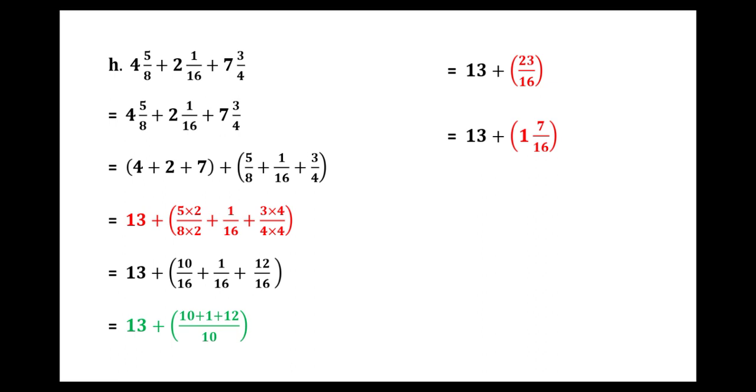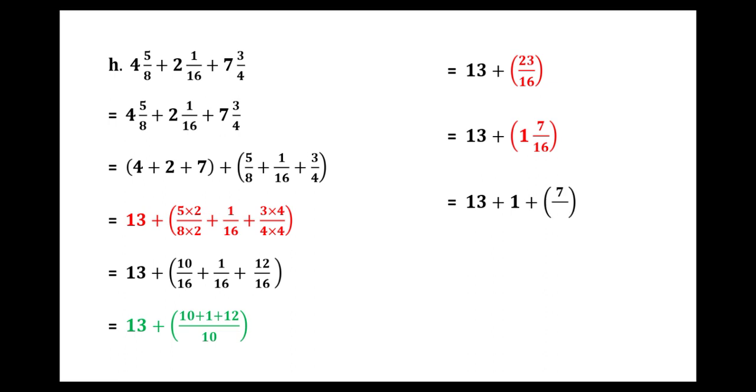Now you can check that 23 is greater than 16, which means the numerator is greater than the denominator, so we divide it. After dividing 23 by 16 we get 1 whole 7 upon 16.